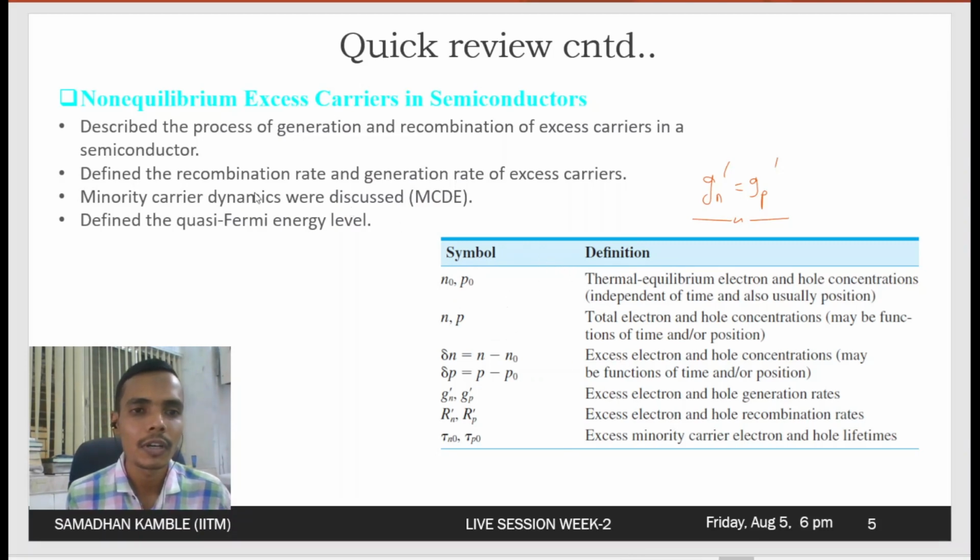Then we saw also the minority carrier dynamics, such as the minority carrier diffusion equation, and then we moved on to an important concept of quasi-Fermi energy levels.